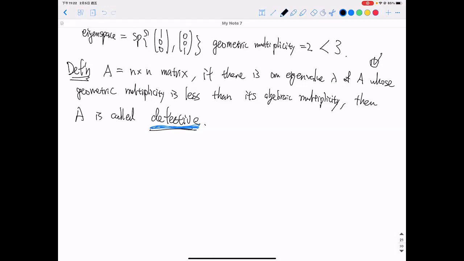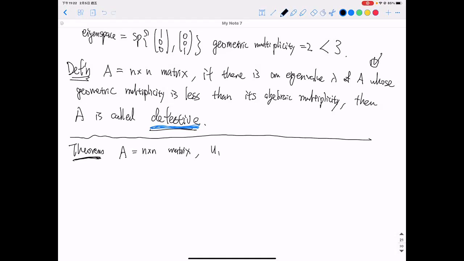Now we want to consider the following theorem, which has something to do with what we can do with eigenvectors. Okay, let's see. So let A be an n by n matrix.